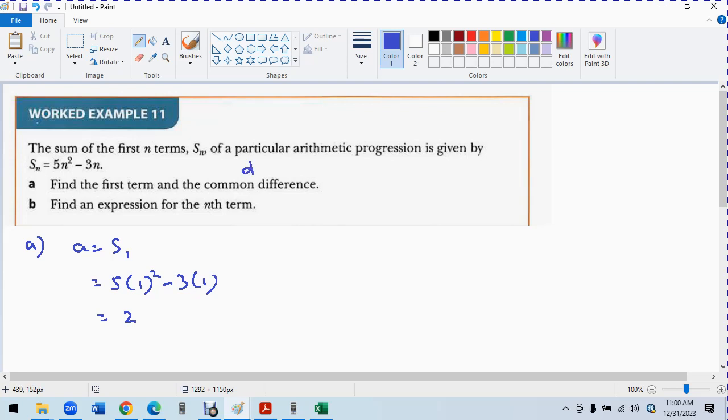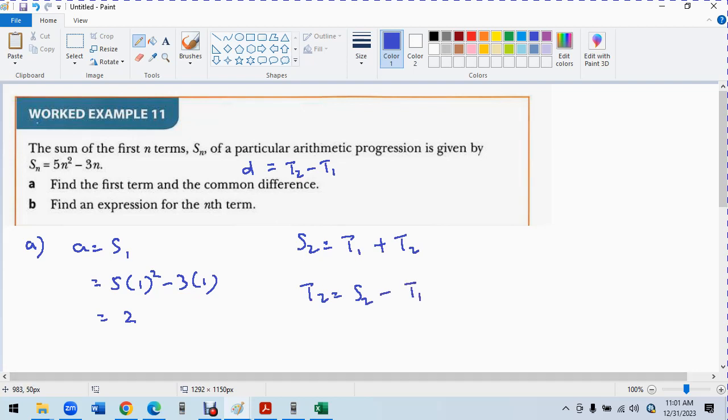And then when we want to find d, d is actually t2 minus t1. How do we find t2? We know that S2 is t1 plus t2, so t2 is S2 minus t1.